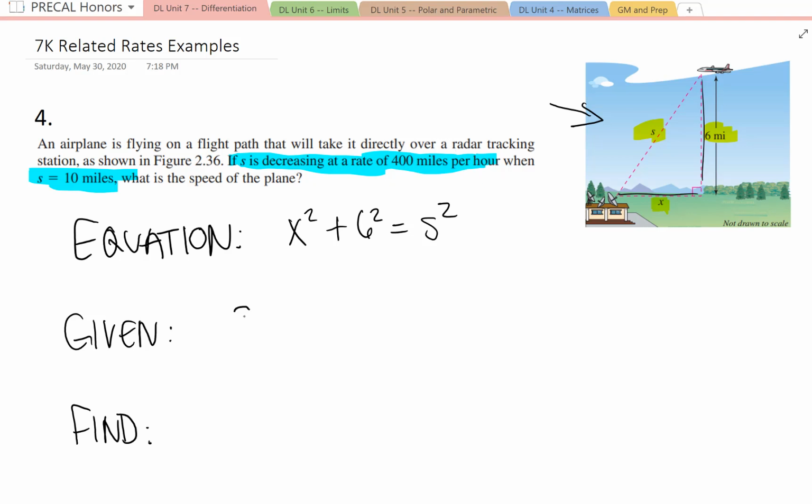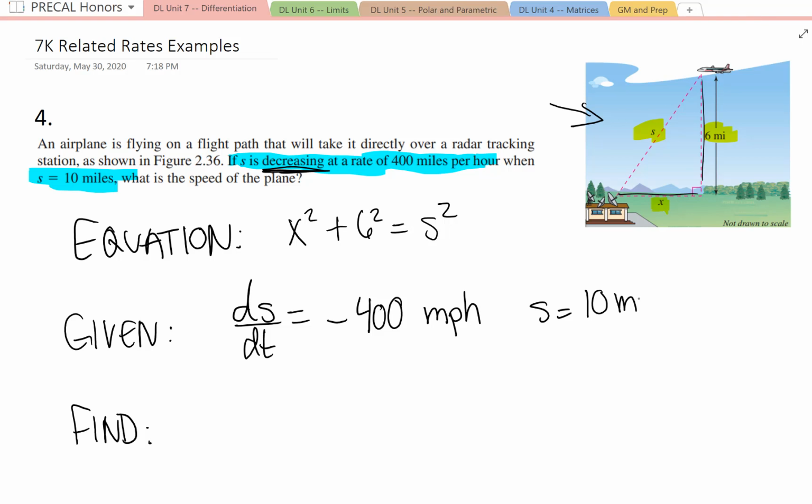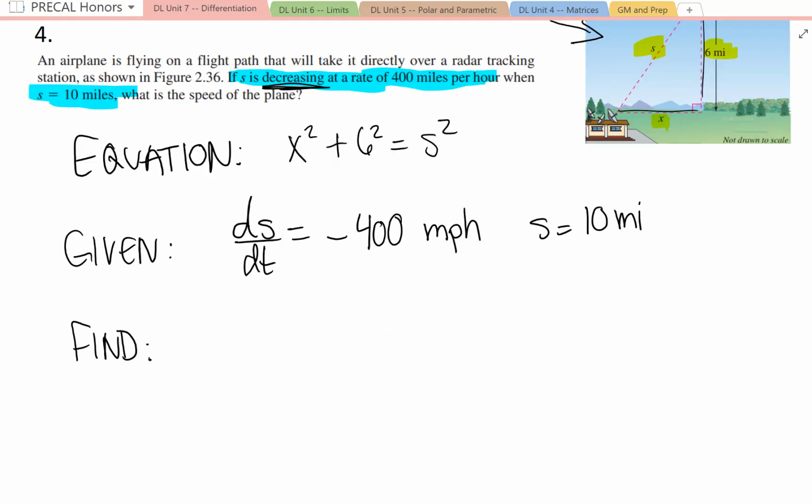So that is a rate of change of s with respect to time, and it's decreasing, so it is a negative rate of 400 miles per hour. Under the condition that s is equal to 10 miles. So it's decreasing at a rate of negative 400 miles per hour when it's 10 miles long.